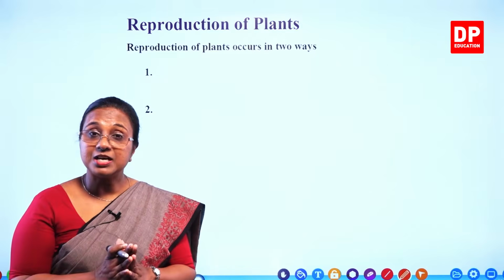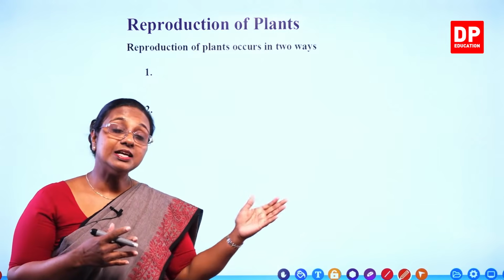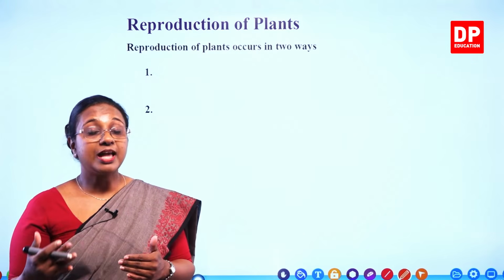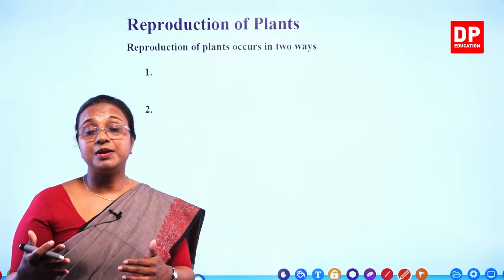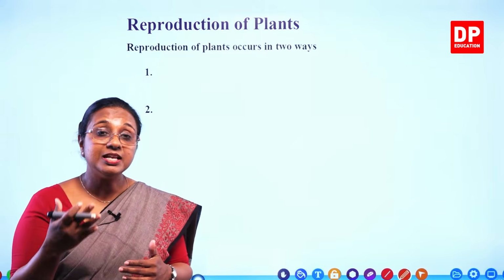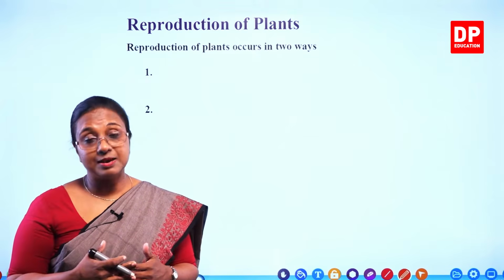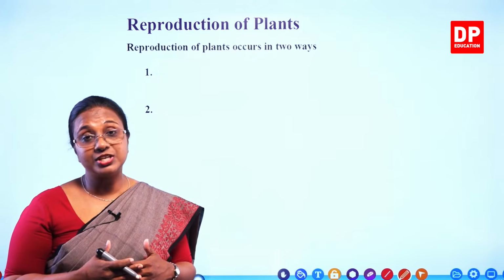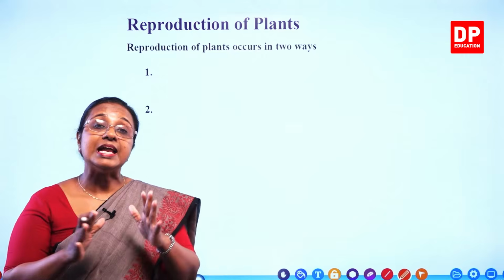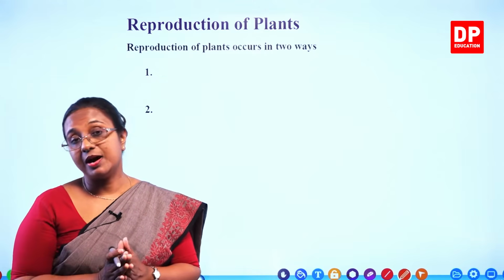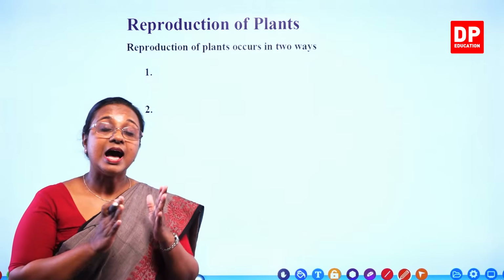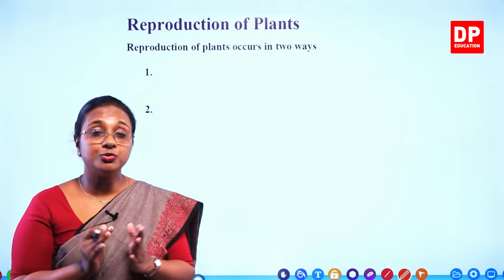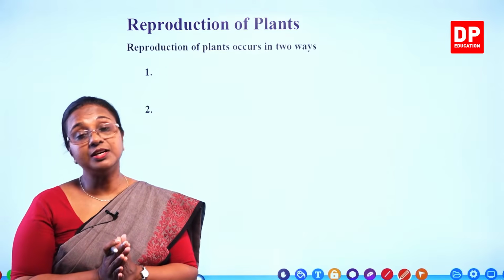But at the same time, you all have discussed this in the smaller grades also. You all can remember plants can reproduce by roots, leaves and their stem, mostly the overground stem or even the underground stem. So those are parts that are known as vegetative parts of a plant. Parts other than the flowers are known as the vegetative parts of the plant.